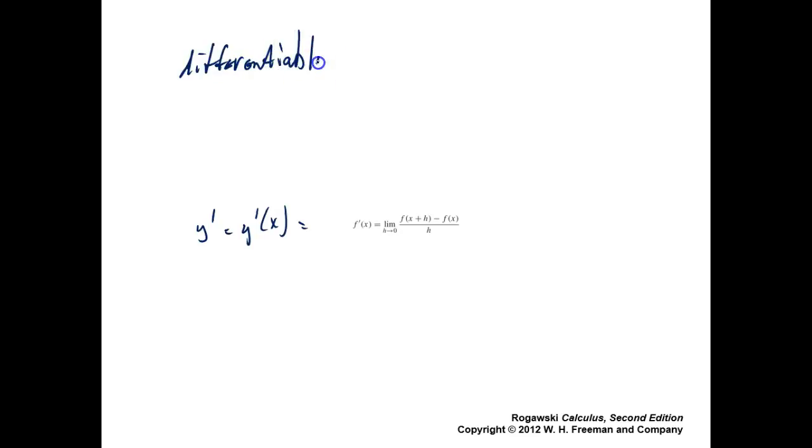Is differentiable, which means you can take a derivative of it, on some interval a to b, if f prime exists for all the x's in that interval a to b. And notice when they say a to b, they write it this way, which means what?